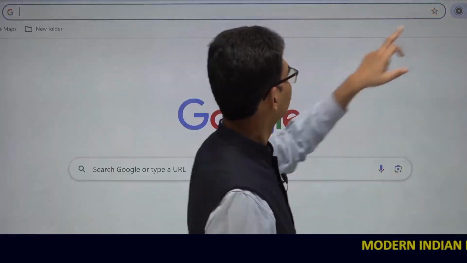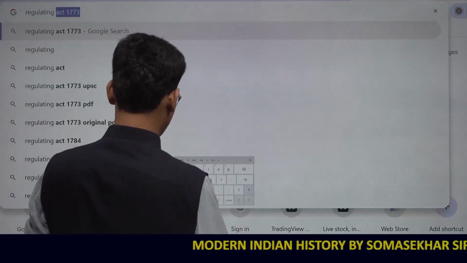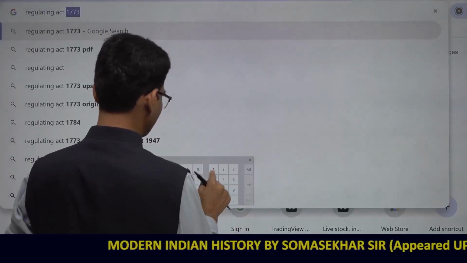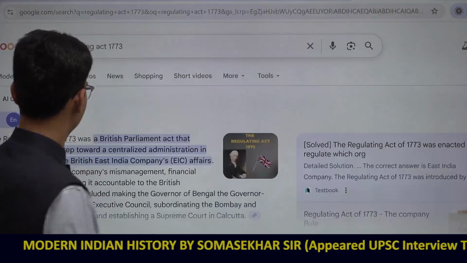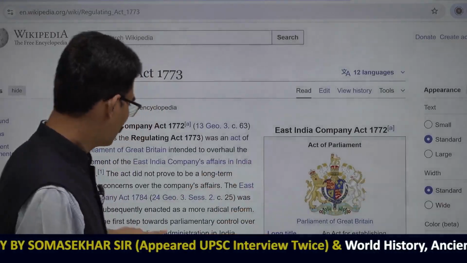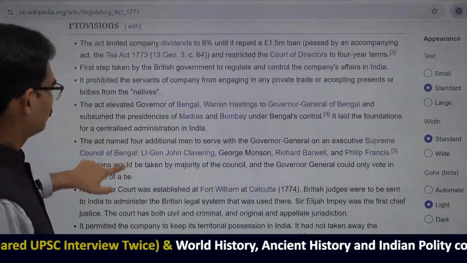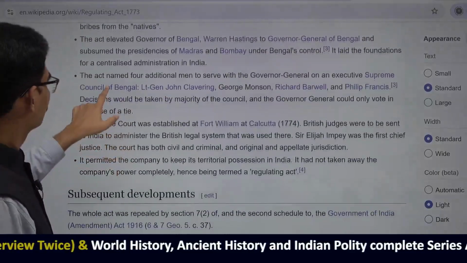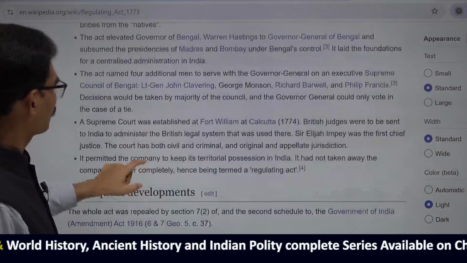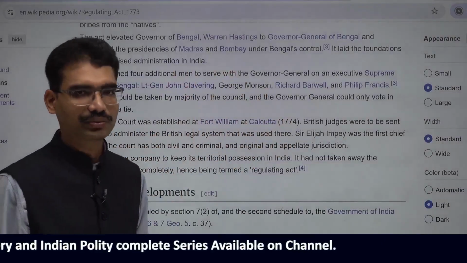When it comes to the Regulating Act, Supreme Court of Fort William, when it was created, a Supreme Court was established at Fort William in 1774.